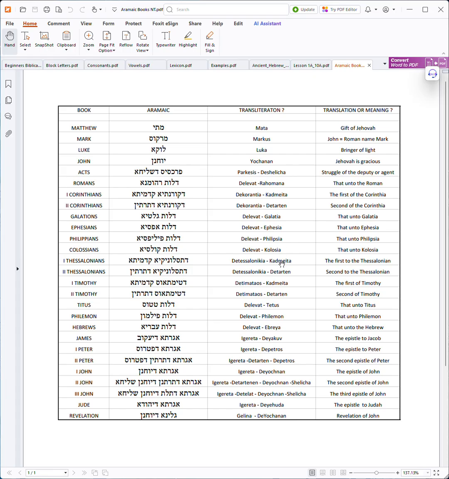So this is a transliteration, and this is translation. The first of the Thessalonians, the second to the Thessalonians, the first to Timothy, the second to Timothy. So this is the Timothy part right here. That unto Titus, and it's Titus in Aramaic.